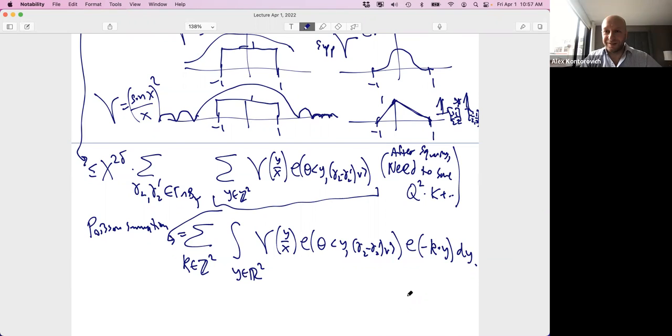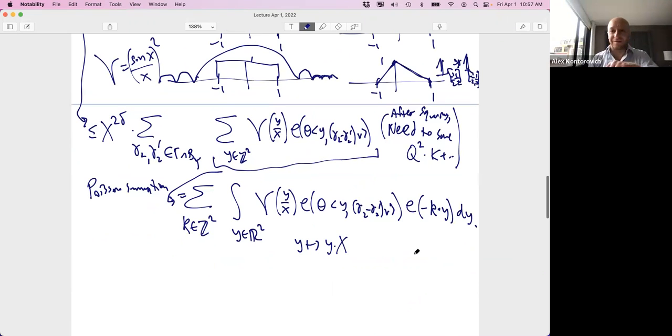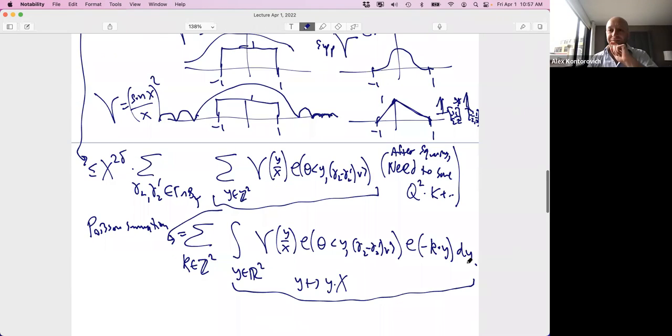Okay. Let's replace y by y times this parameter x. Then what will we get here? So when we start manipulating this integral, what happens to dy when I rescale by a factor of x?